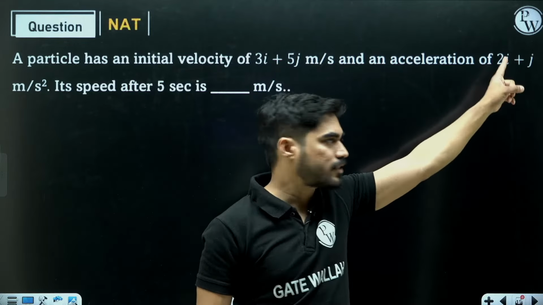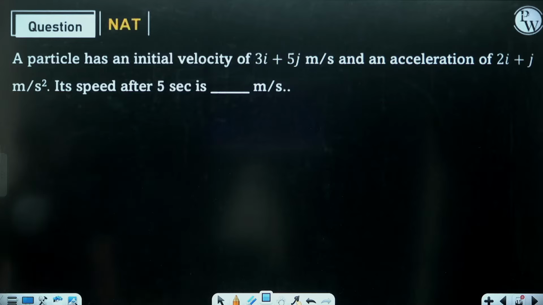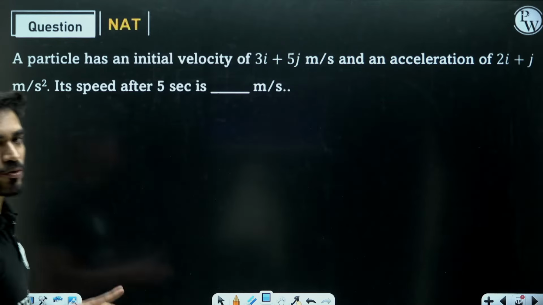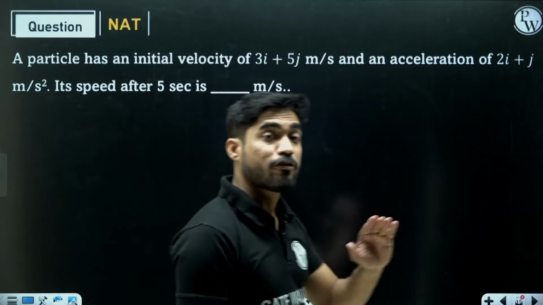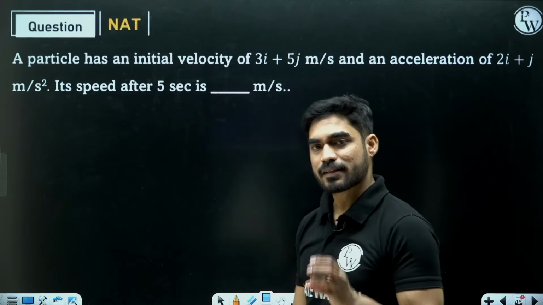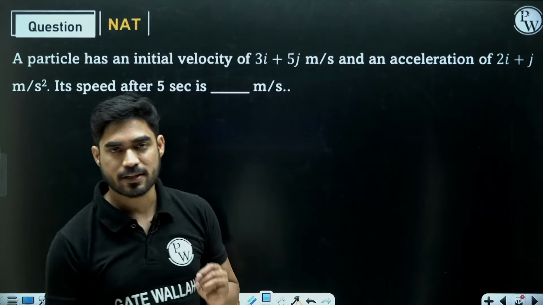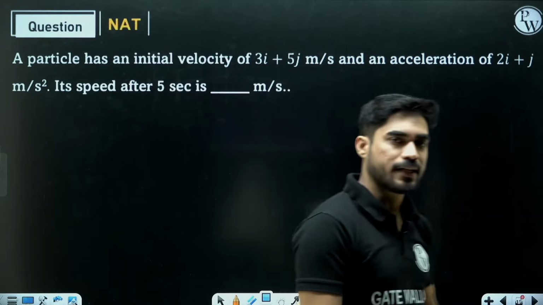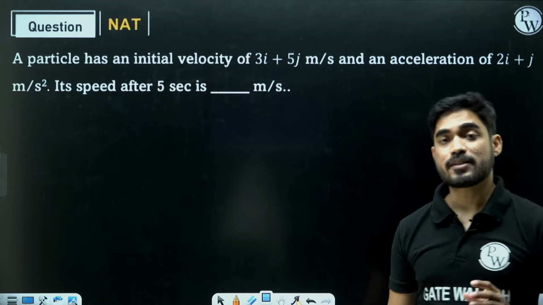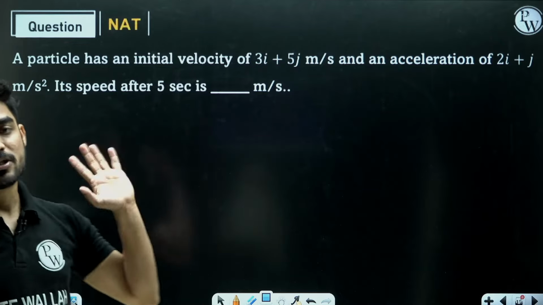So this acceleration is independent of time, it is constant. So here we can apply the equations of motion under uniform acceleration. Remember, last class we found 3 equations of motion under uniform acceleration: v equals u plus at, s equals ut plus half at square, v square minus u square equals 2as. We can use those equations here.